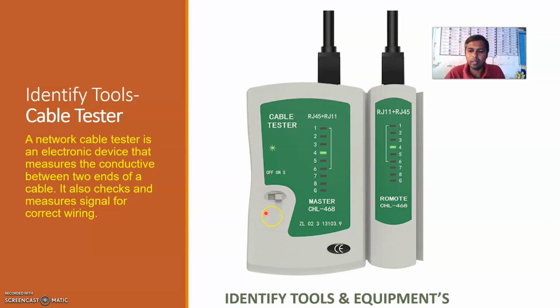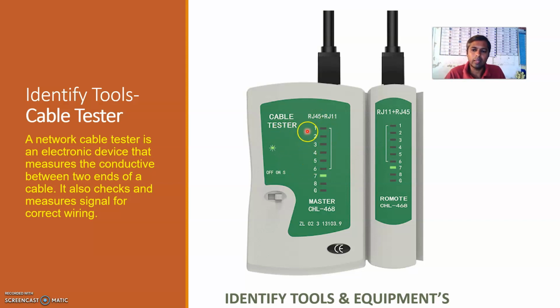One part has a switch and a power-on indicator bulb, and the other part is the remote part. This is the master part, and here is the remote part. We can remove the remote device from this mounting area and use the two parts separately.